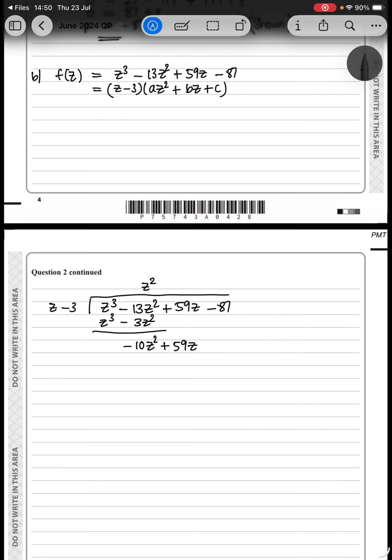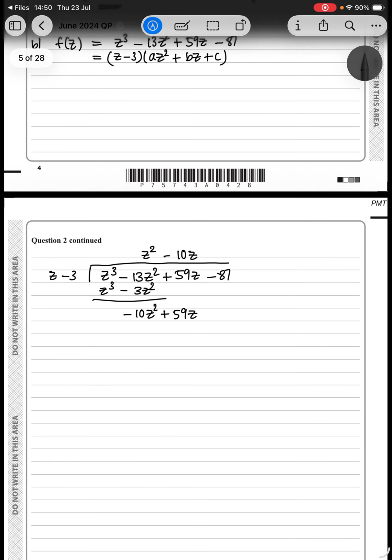So minus 10z squared divided by z gives us minus 10z. We multiply z times minus 10z is minus 10z squared. Minus 3 times minus 10z is plus 30z. We subtract: 59 minus 30 gives us 29z.